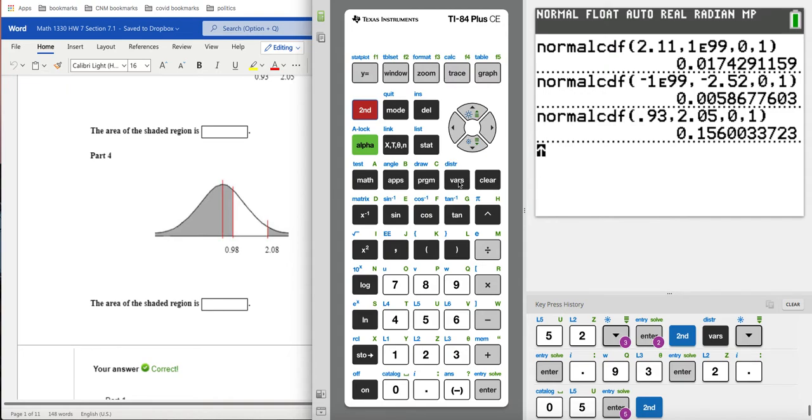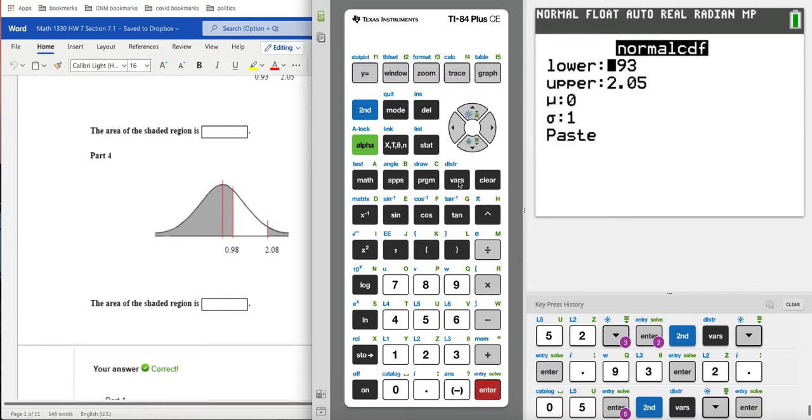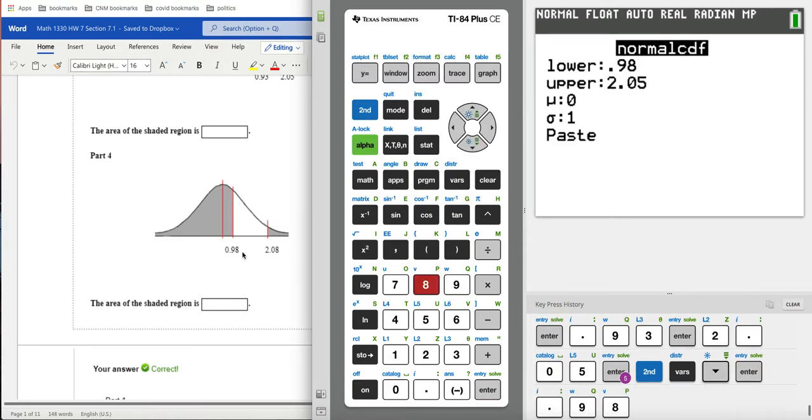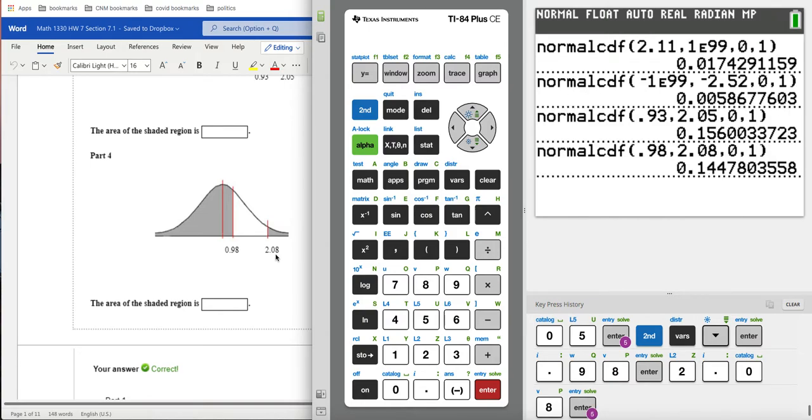So second VARS, normal CDF. Your lower is 0.98. Your upper is 2.08 and paste, but now you have to do 1 minus because this just calculated the area between, the white area. We want the gray area.